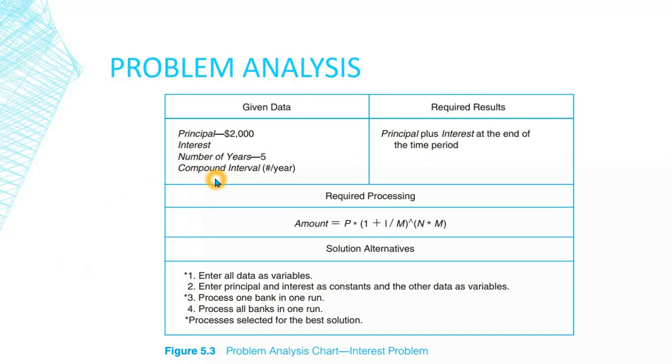And then we run another bank, then the third bank, so we get the better bank, which gives the largest amount after 5 years. So it's better than number four, which is processing all the banks together, because this will make it complicated. So if we process one bank, it will be simpler. So the simpler solution is always better than complicated ones. Okay. So we'll adopt the one with the stars.